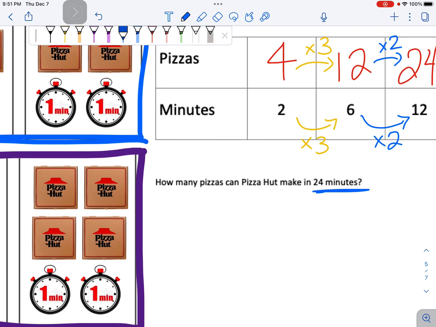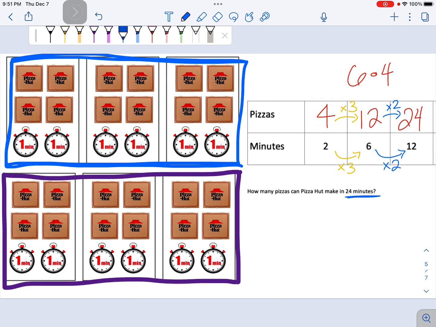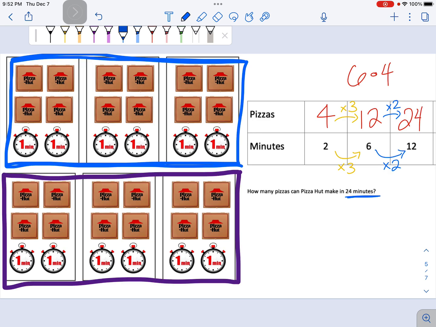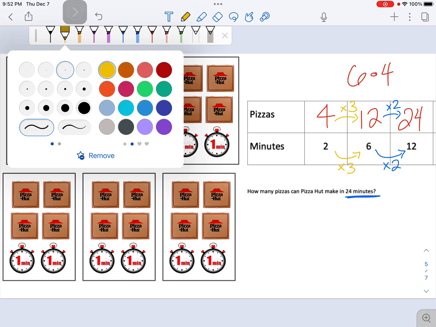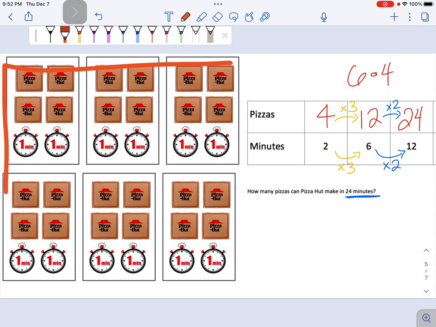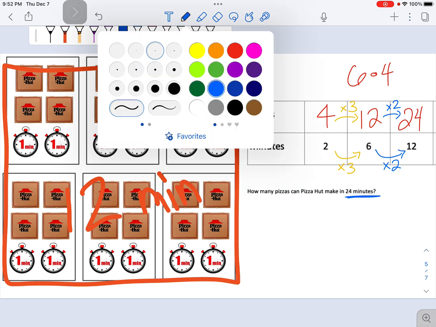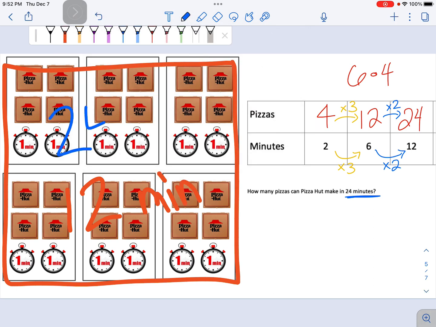But wait, Miss Toivola, we didn't want 24 pizzas. We wanted 24 minutes. Uh-oh. Right? I don't have a picture of it. That was just way too much. But I want you to think logically about this, right? If this side is 12 minutes, and it's also 24 pizzas, then how many repeats of this giant picture do I need?